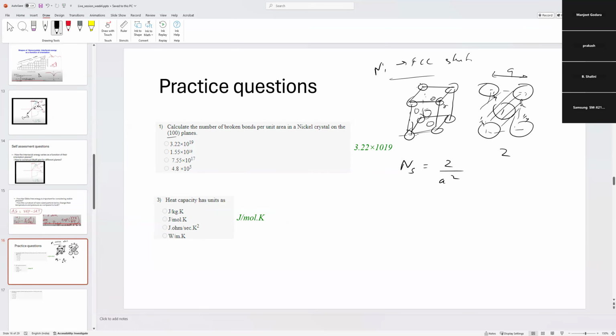So if you just imagine this atom, the nearest neighbor for this one was this face center atom, this one, and this one.